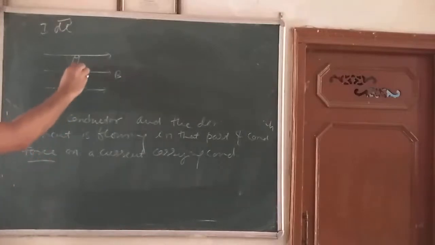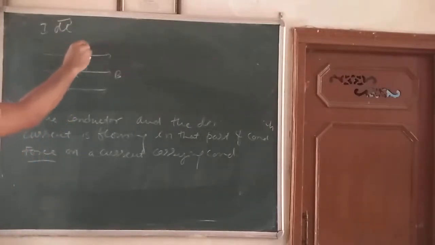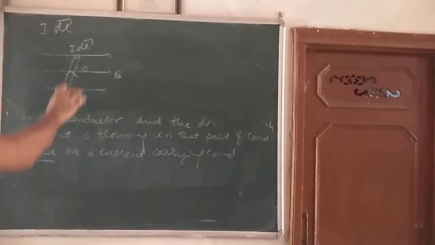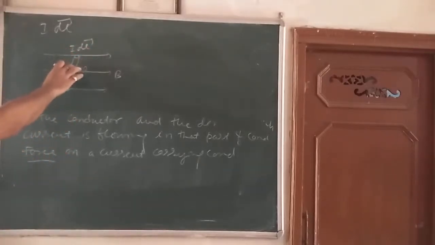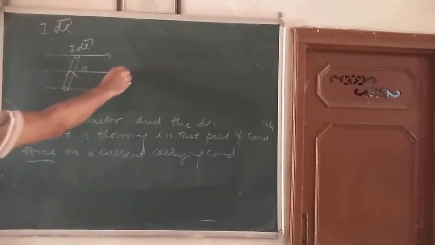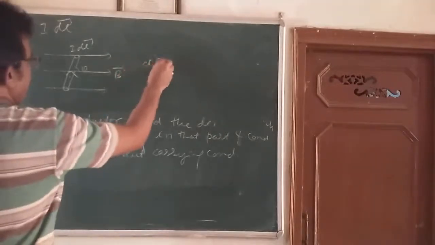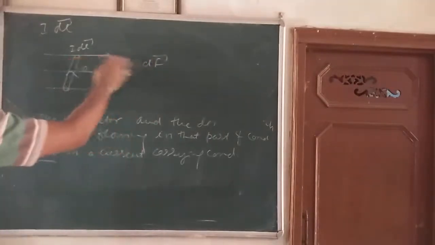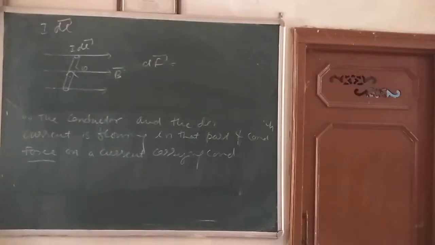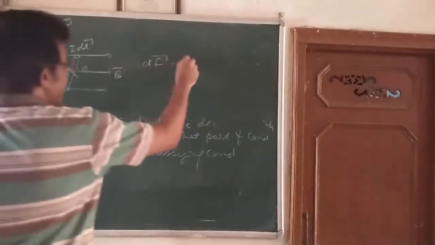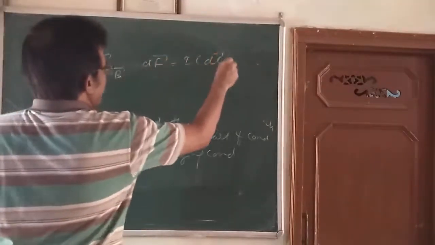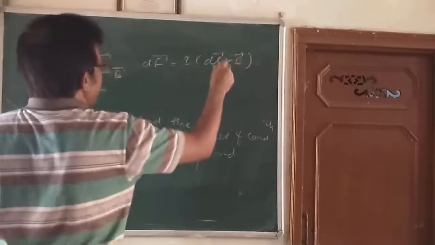It makes an angle theta here. This is the current element, that is I dl. So Ampere suggests that when a current element I dl is placed in a magnetic field B, it experiences a force dF. Suppose for this small current element the small force is dF, that is I dl cross B. This is the formula. ये हम आगे काम में लेंगे.